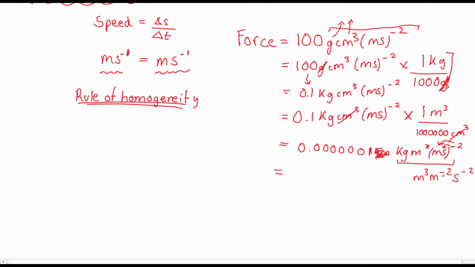Now meter cube into meter raised to power -2 is simply meter raised to power 1. So essentially we get 0.00000001 kilogram meter per second squared, which, as you will remember, is the same as newtons.